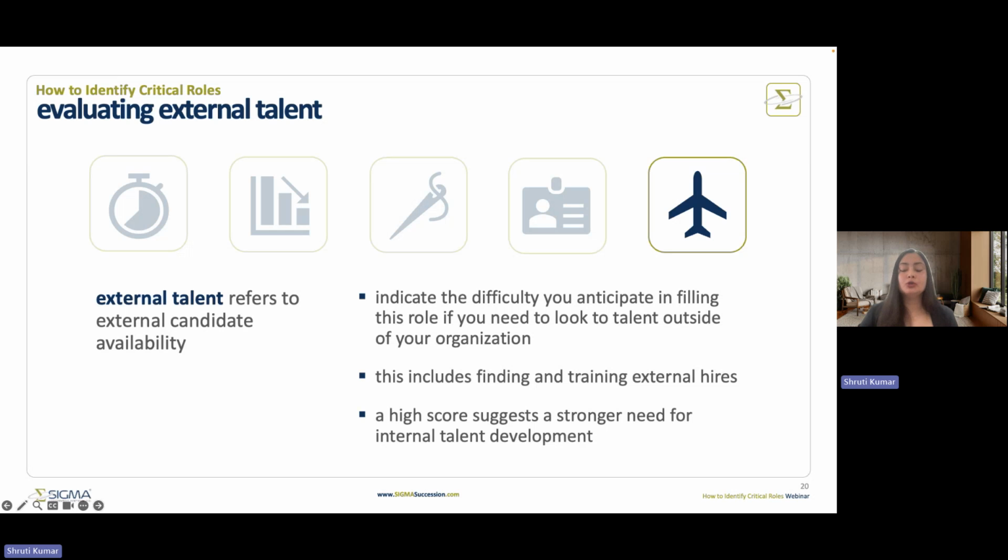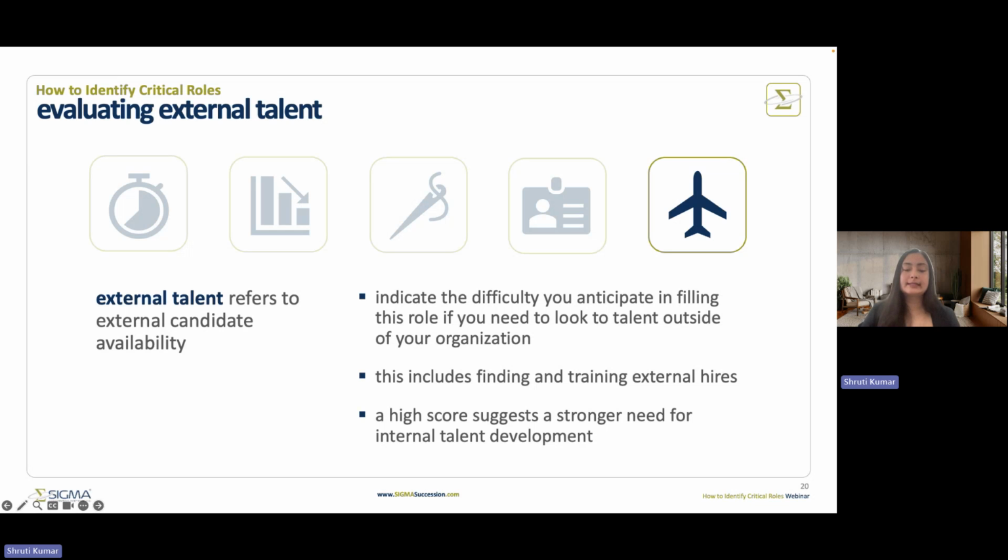So it's important to know just how difficult it might be to fill a critical role with employees from outside of your organization. A higher score here would indicate greater difficulty in finding and training those external hires. A higher score also suggests a stronger need for succession planning and specifically internal talent development.